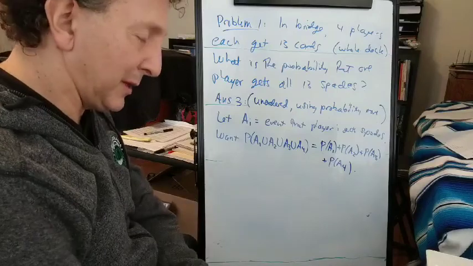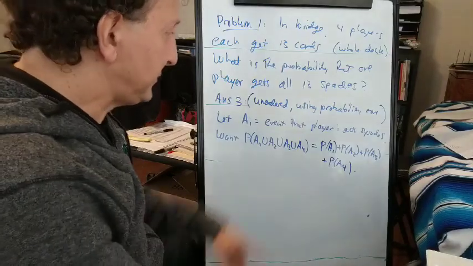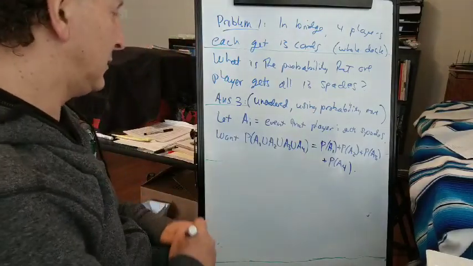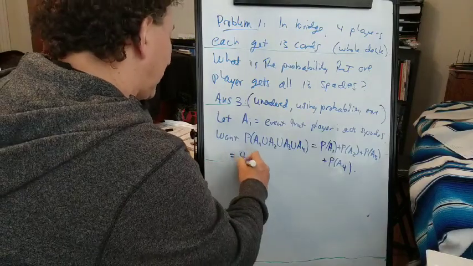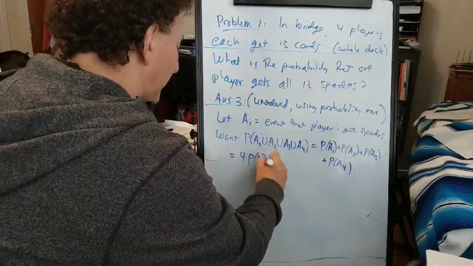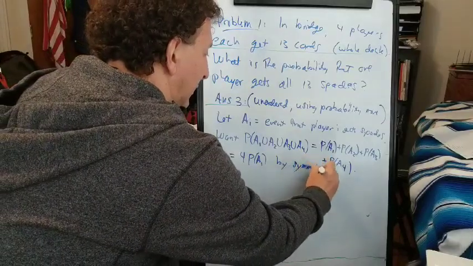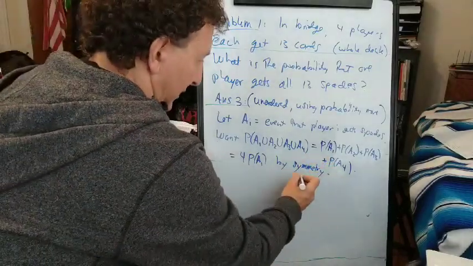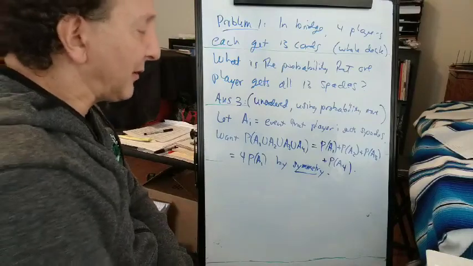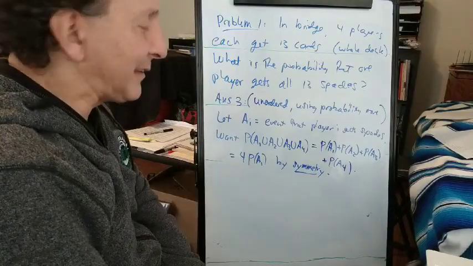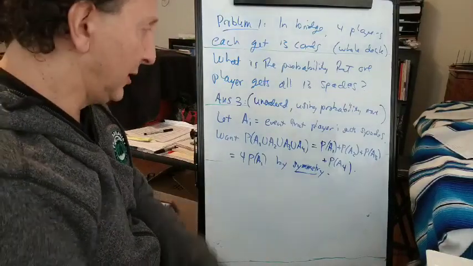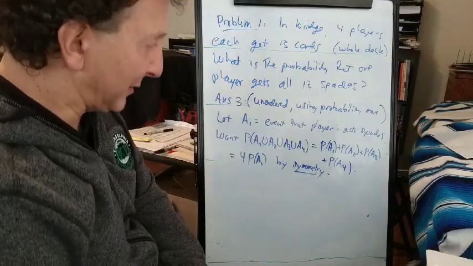Any one of them could be named player 1. So these have all got to be the same. So this is 4 times the probability of A1 by symmetry. And here, symmetry means considering things that are exactly the same except for their labels. Here the players are exactly the same except for their labels.